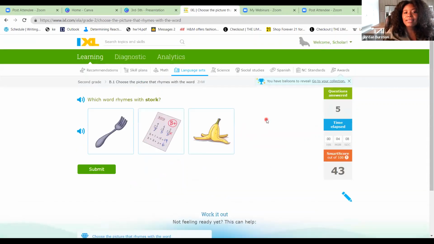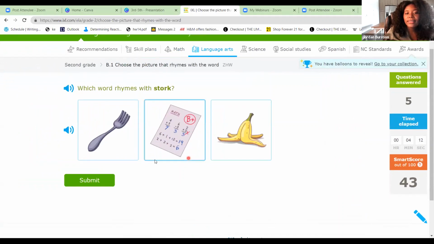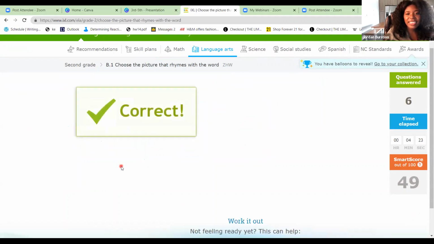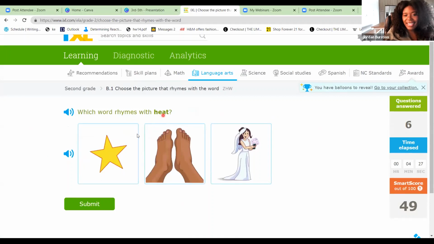Okay, so this says, which word rhymes with stork? We have fork, test, banana. We said the first one. Perfect. Okay, which word rhymes with heat?